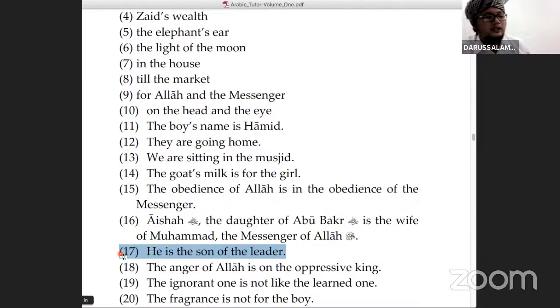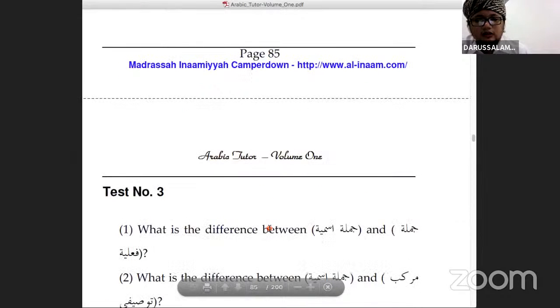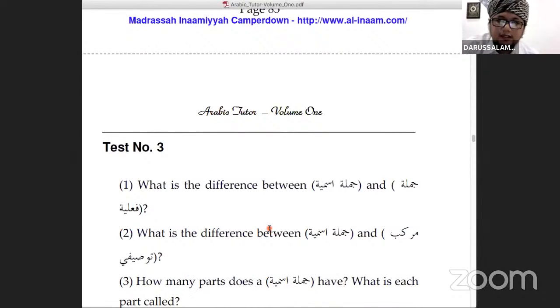Remember the majrur, the mudaf ilaih must be majrur. Huwa waladul amiri, or huwa waladul khalifati. Okay. That's it for now, yeah? Is that enough? Any more questions?